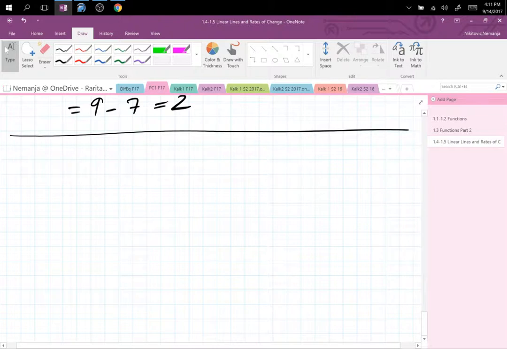Okay, so let's take a look at word problems from the textbook.